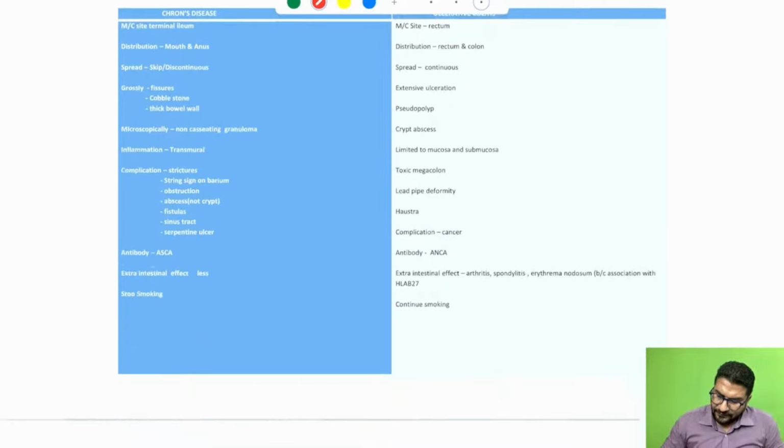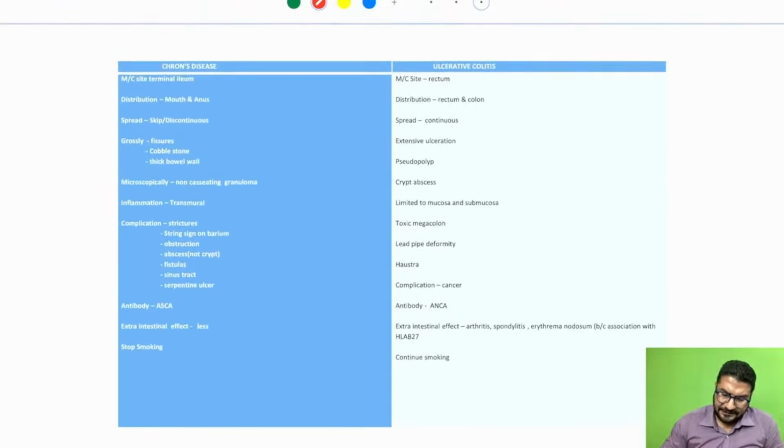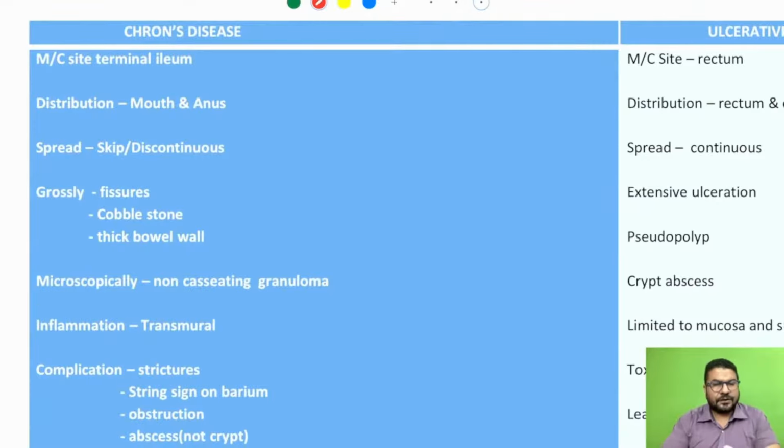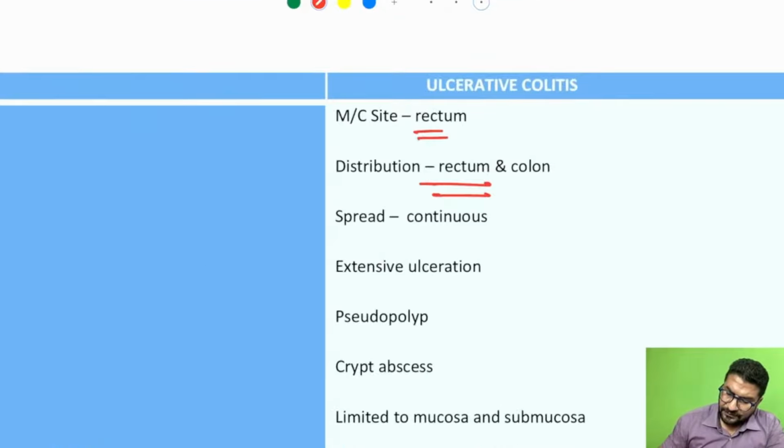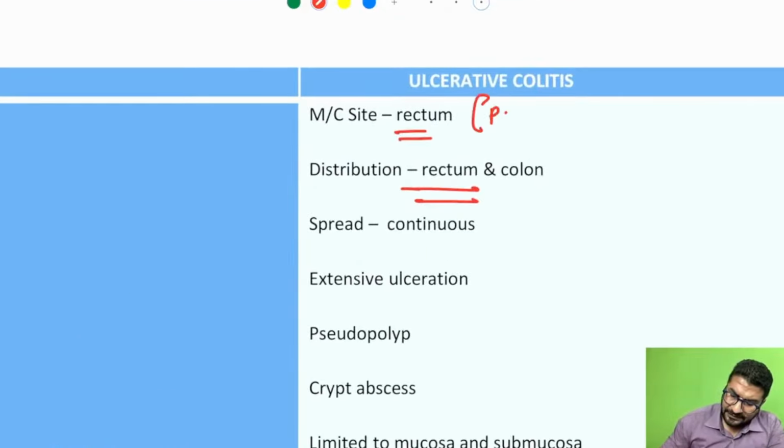Similarly, let's differentiate Crohn's disease and ulcerative colitis. Look, Crohn's disease can occur anywhere from mouth to anus, but the most common site will be ileum. Ulcerative colitis will affect rectum and colon, but most common will be rectum. So the most common manifestation will be proctitis, which means inflammation of rectum.